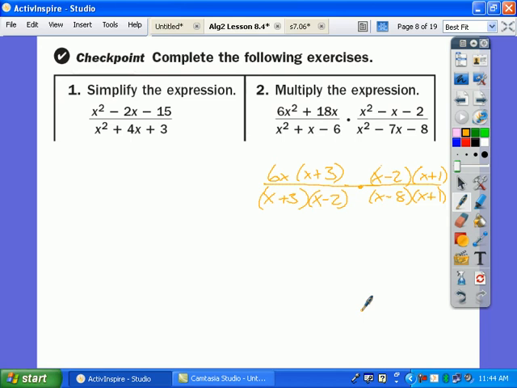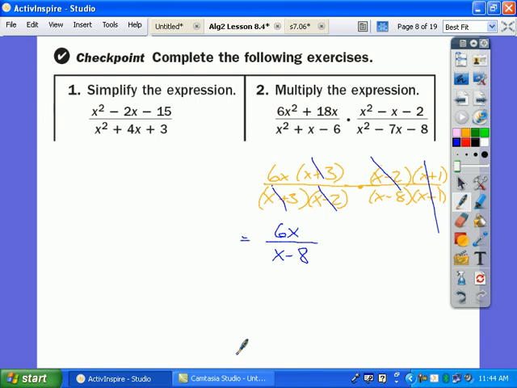X plus 1, x plus 1. And so we're left with 6x over x minus 8. And we're done. There's nothing more to do there.